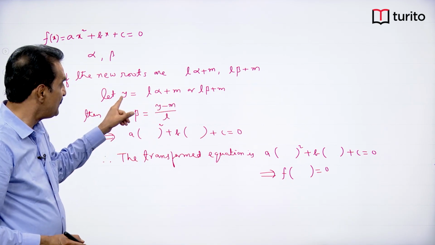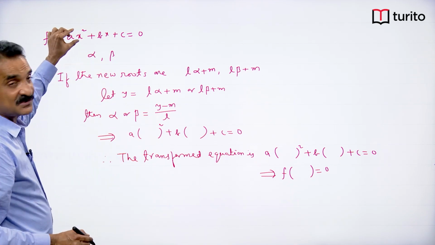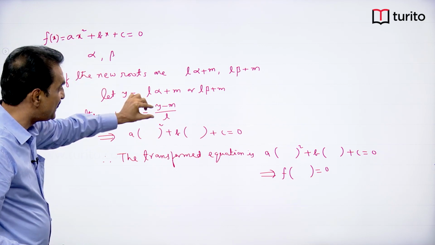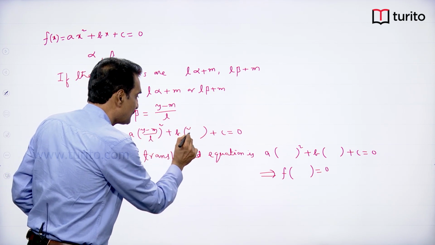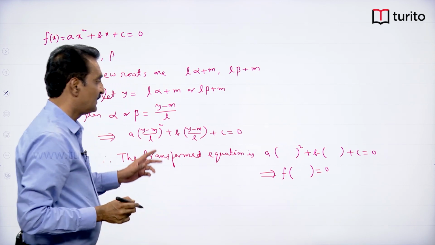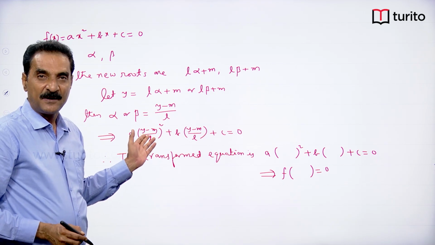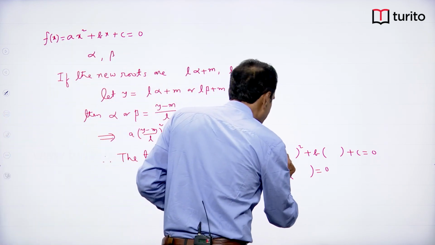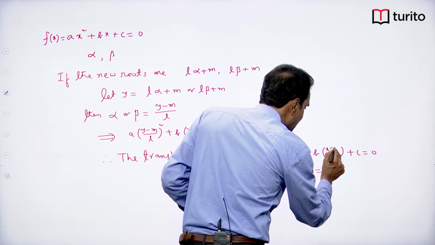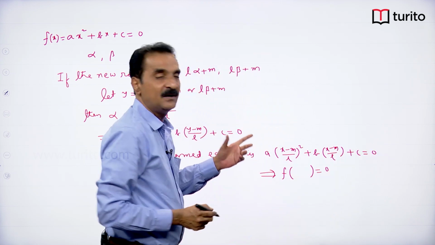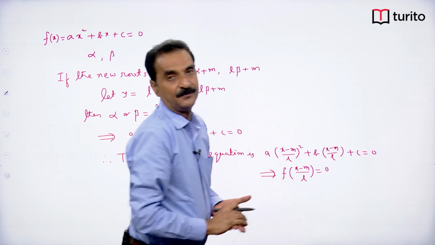Alpha is equal to y minus m by L. So, since alpha or beta must satisfy this equation, you can replace x by y minus m by L. So, the transformed equation, now replacing y by x, is a into (x minus m by L) whole square plus b into (x minus m by L) plus c is equal to 0.